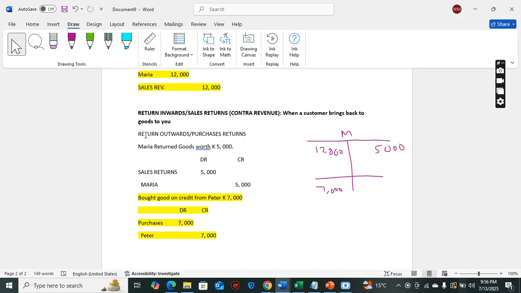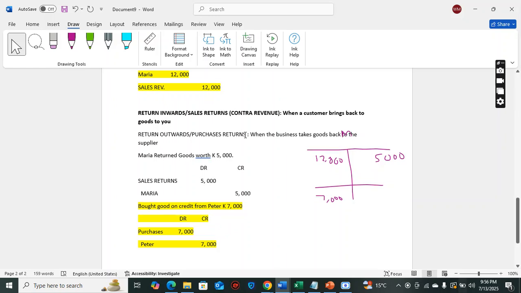Return outwards or purchases returns. This is when the business takes goods back to the supplier.